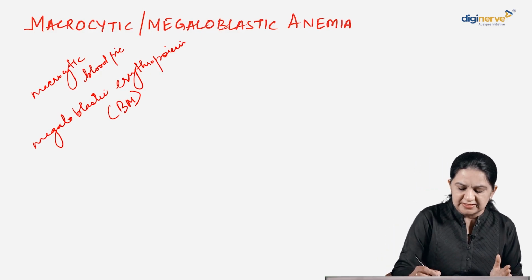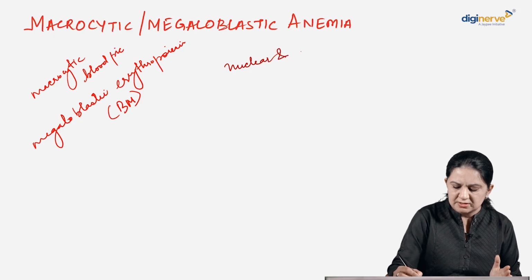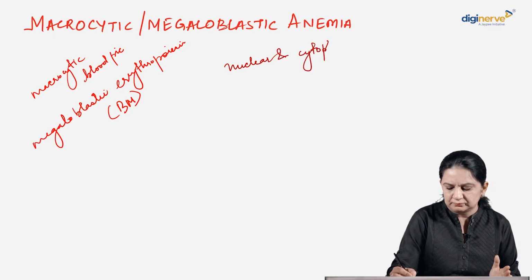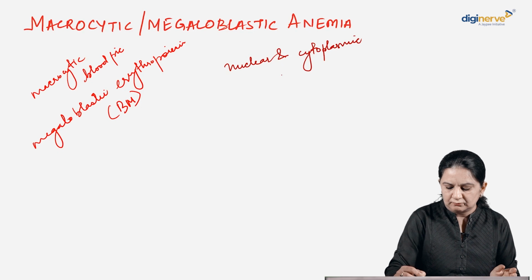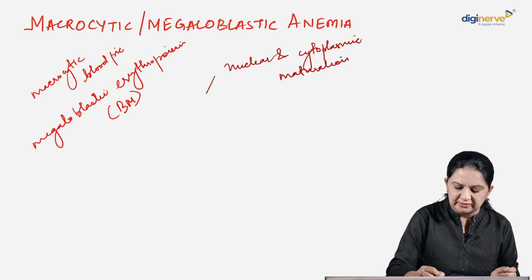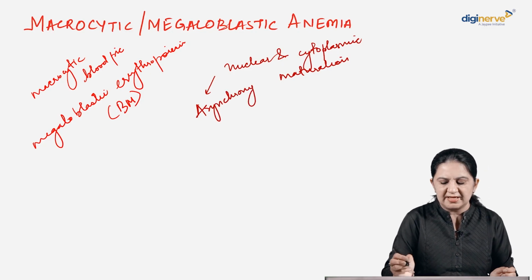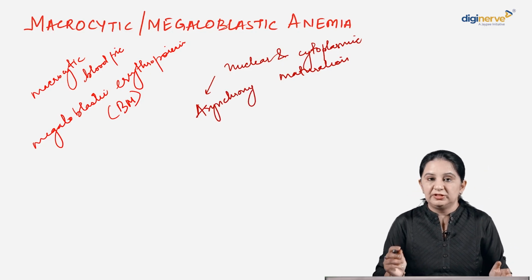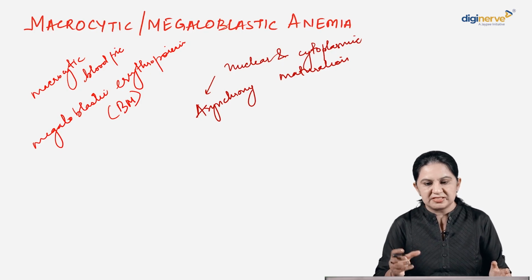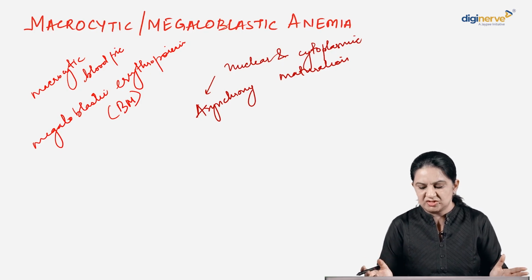So why is there a megaloblastic blood picture? Because there is asynchrony between the nuclear and cytoplasmic maturation. The nucleus maturation is defective or delayed, and the cytoplasmic maturation takes place at its own pace.